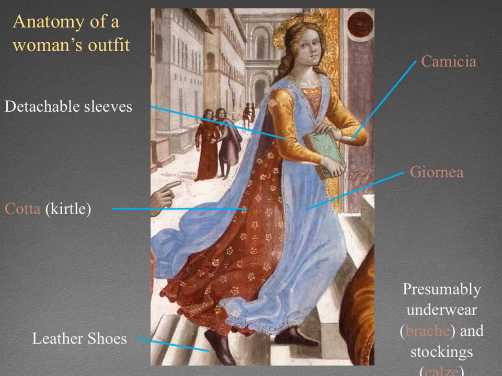It has that embroidered gold thread, either embroidered or brocade floral print on it, and then she's got these detachable orange silk sleeves, and over all of that she has the giornea, right? That open-sided upper layer, and then on her feet she has leather shoes. And we can't see it, but underneath all of this, we assume that she has some underwear and some stockings. We would call them braccia in Italian.